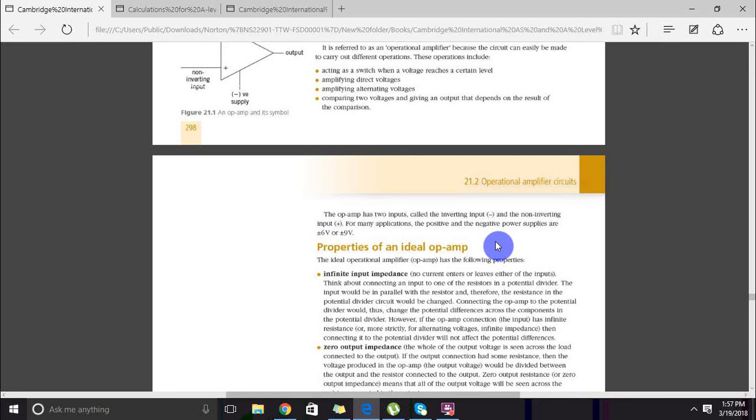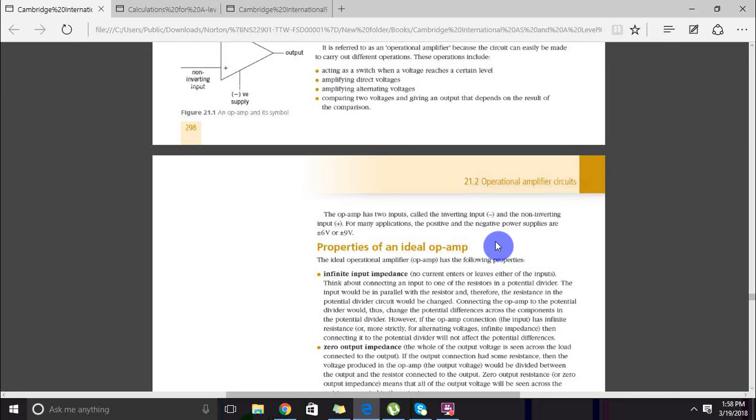However, if the op amp connection has infinite resistance, then connecting it will not affect the potential difference. Why? Because when we have two resistances in parallel, the effective resistance is given by 1 over R1 plus 1 over R2, and initially we just had R1, but now we have R2 that is infinity.